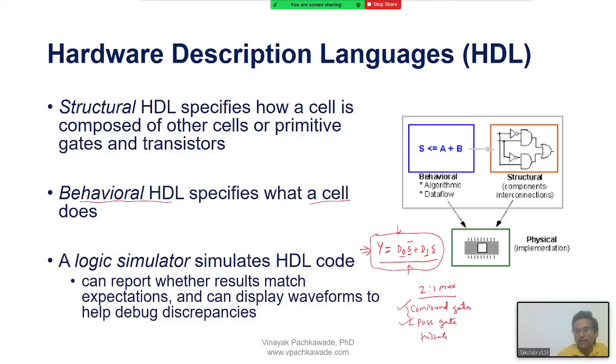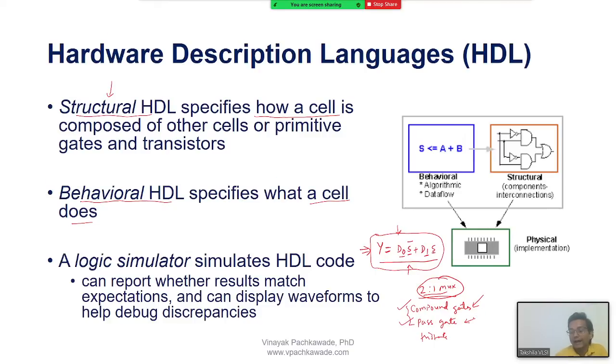It will tell what this cell is doing, as one of you just answered, this cell is 2 by 1 mux. On the other hand, if I write a code where the code specifies how this cell is composed of specific gates and transistors, for example pass gate transistors or the compound gate, that code is called structural HDL, right?